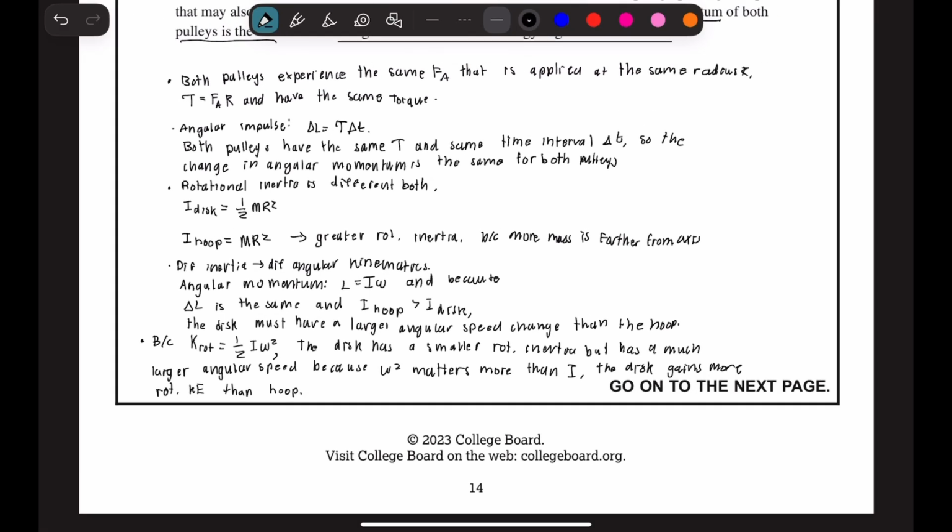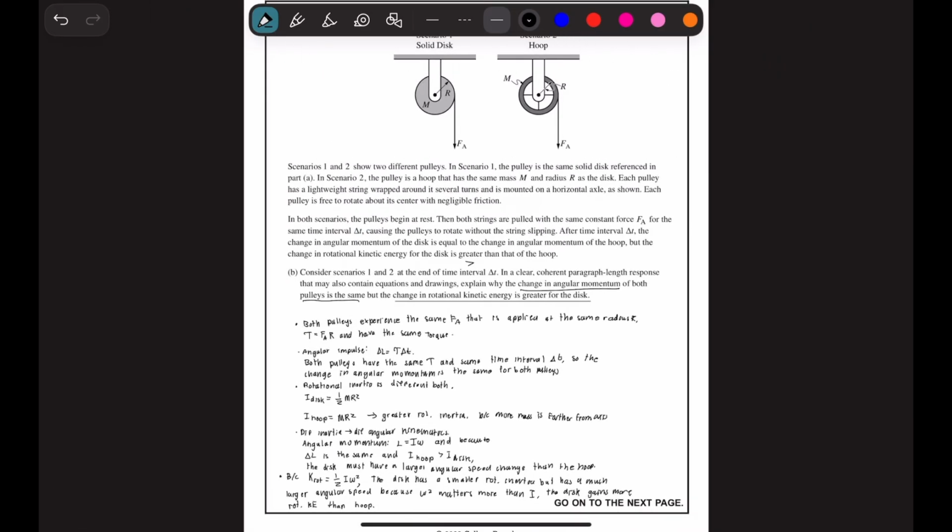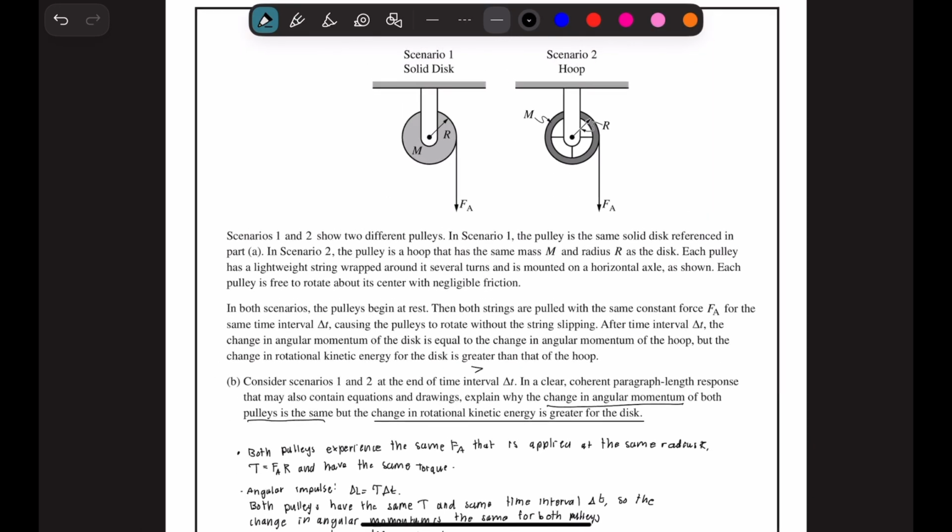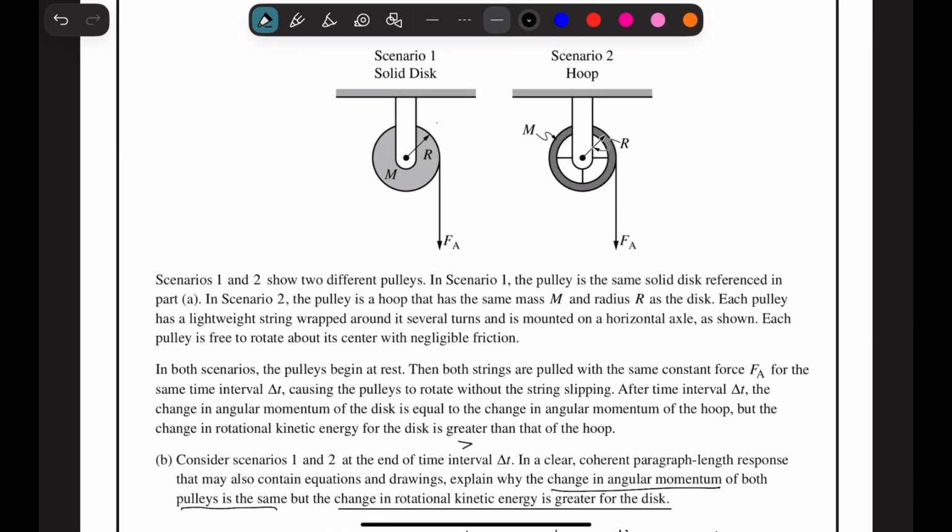So overall, what we see from our explanation is that the torque applied to each pulley is the same because the same force is applied at the same radius. So these radii are the same, and therefore the torque tau is the same, for the hoop and the disk.